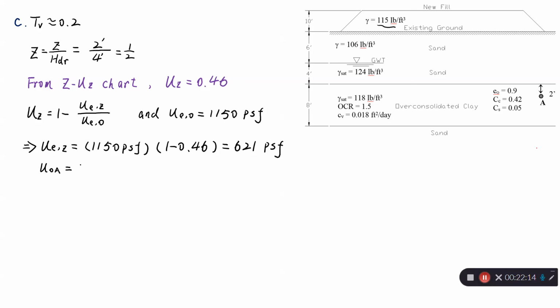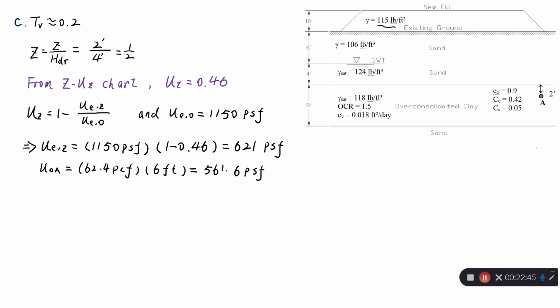The initial pore water pressure is going to be the water density times 6 feet, equals 561.6 PSF.